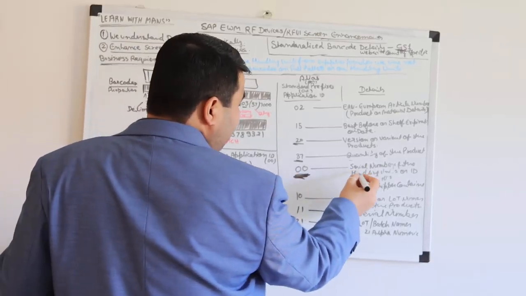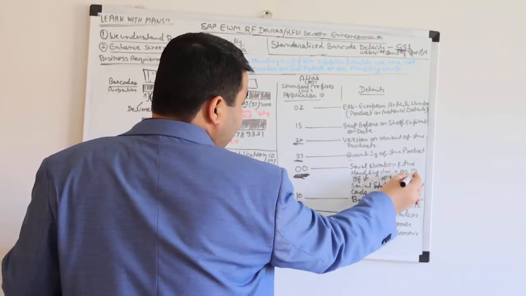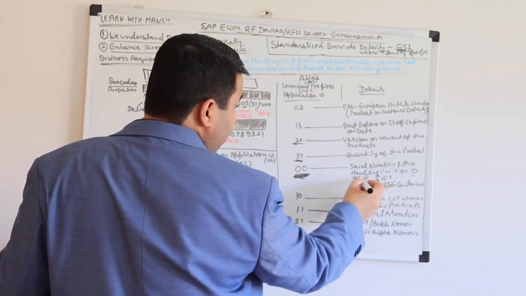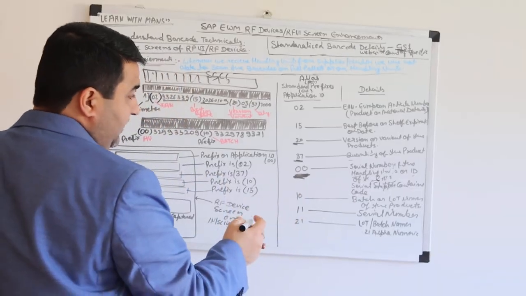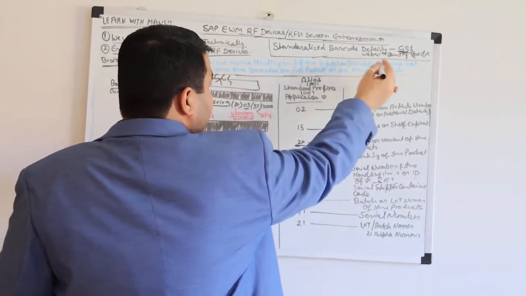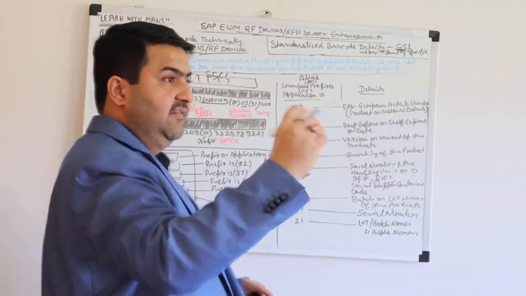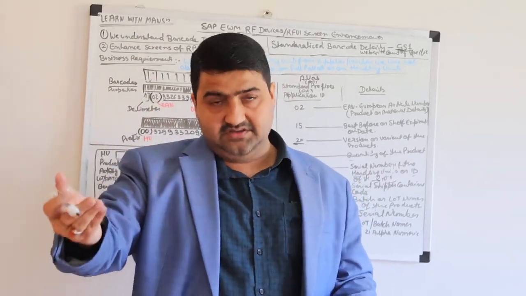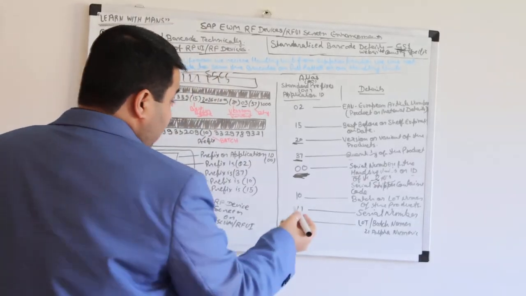That means serial number or ID of the handling units, which is the SSCC number, serial shipping container code. These are the standard numbers, but if you go to GS1, all countries have more different numbers, country-wise and area-wise.